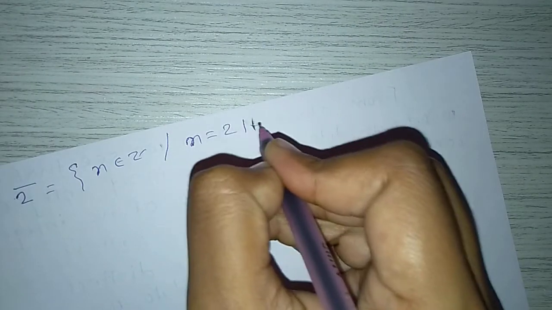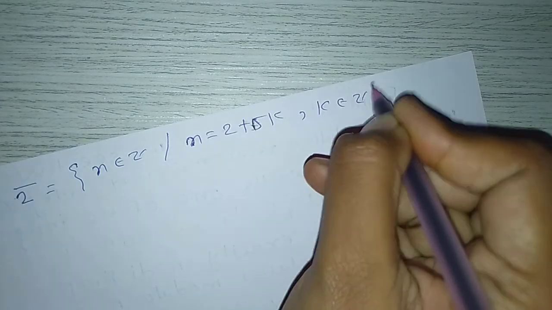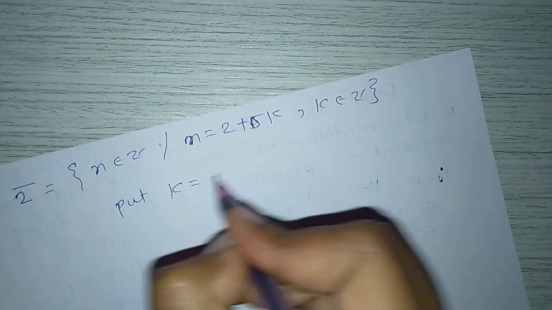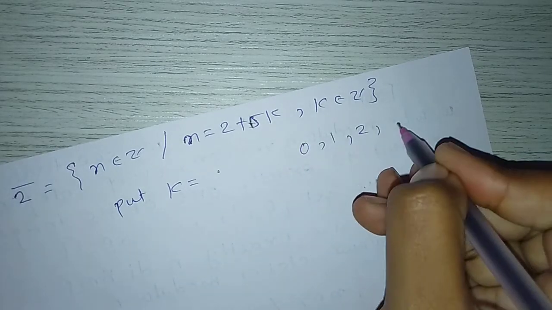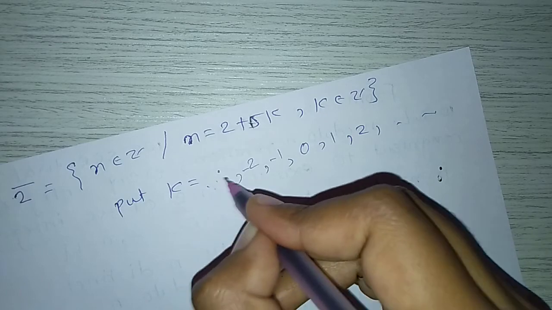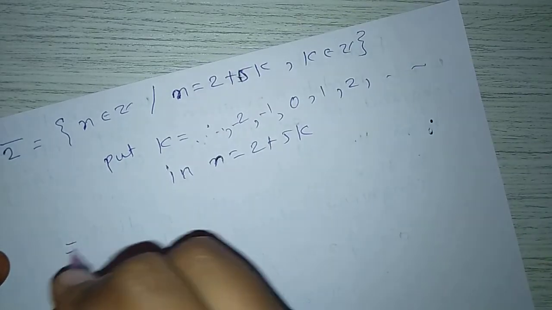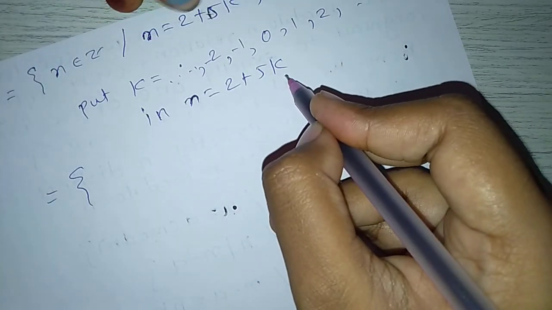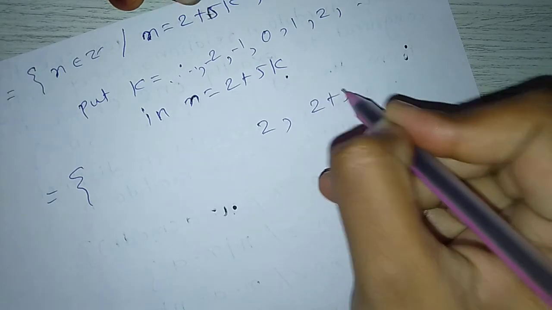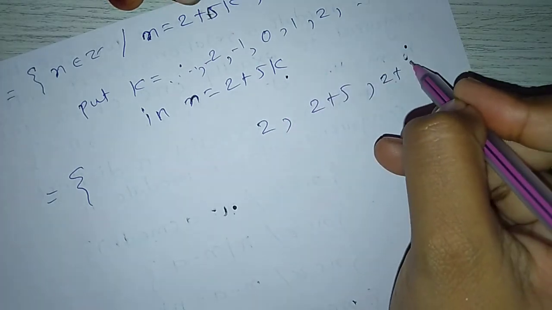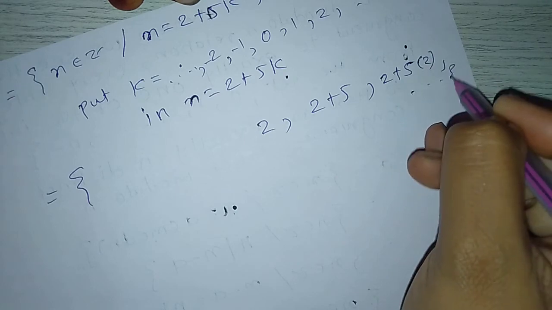So the set is 2 bar equal to x belongs to Z such that x equals 2 plus 5k, k belongs to Z. Put k equal to 0, 1, 2 and so on, and minus 1, minus 2 and so on. In x equals 2 plus 5k, we get: if k equals 0, 2; k equals 1, 2 plus 5; k equals 2, 2 plus 5 into 2 and so on.